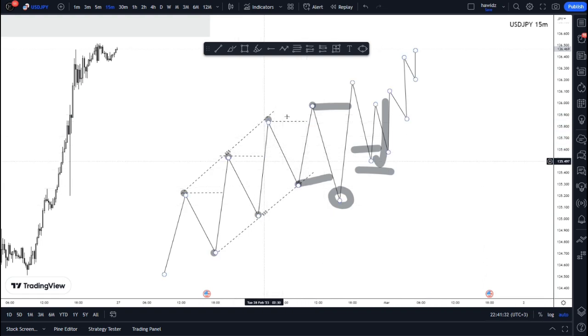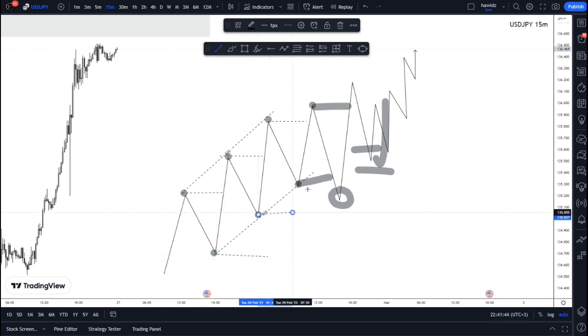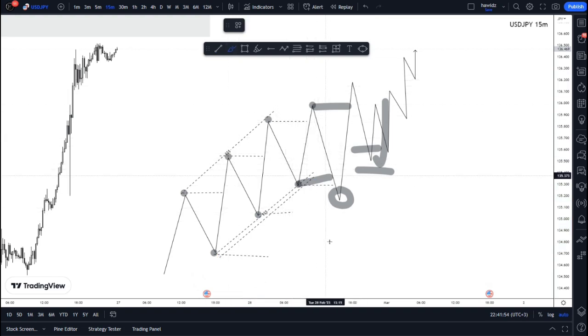And once this buy side liquidity has been taken, there is a continuous formation of sell side liquidity in each and every one of these lows here, which is not yet taken. And then there's trend line liquidity also being built in here.